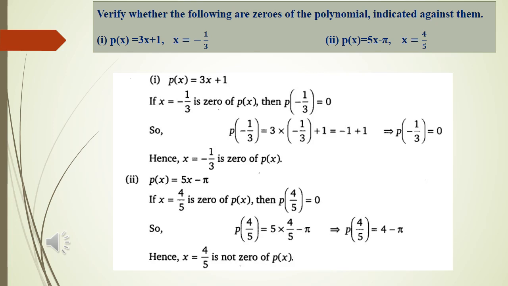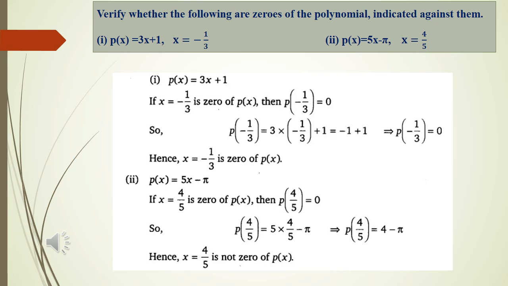Here, p of x is equal to 3x plus 1 and x is equal to minus 1 upon 3 is given. So, in the given polynomial 3x plus 1, we substitute the value of x. By simplifying 3 into minus 1 upon 3 plus 1.